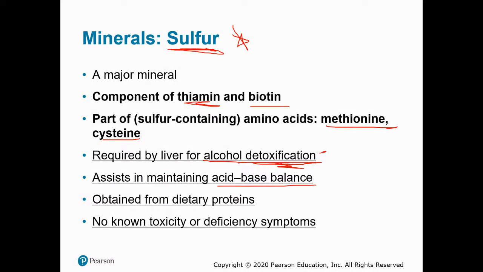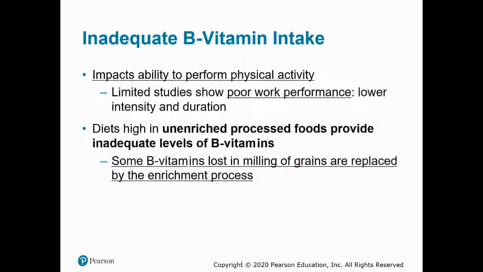Sulfur can support acid-base balance in the blood, in part because of its content in many different amino acids, which make up proteins. Right now, we don't have a ton of information about sulfur to indicate symptoms or issues associated with toxicity or deficiency. But again, sulfur toxicity is likely to only come about from excessive supplementation with sulfur.